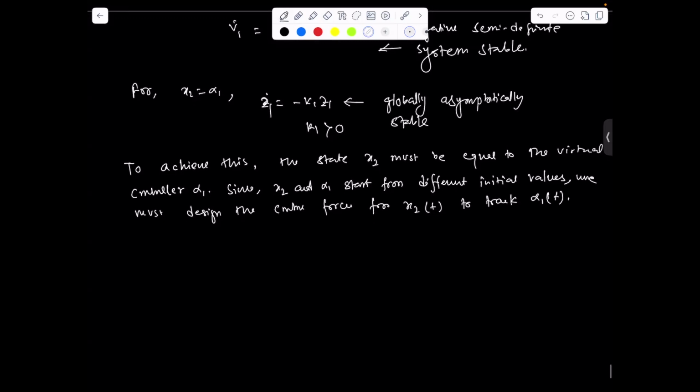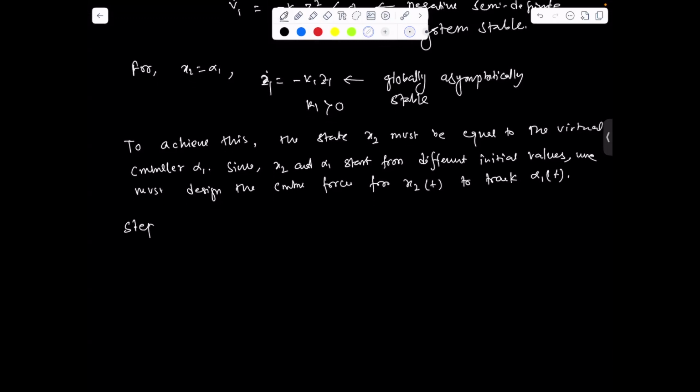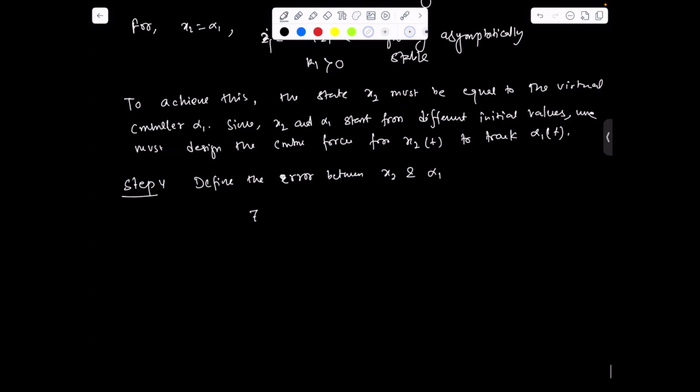So in this case, step 4. In this condition, let us define the error between X2 and alpha 1. So we can write G2 equal to X2 minus alpha 1.